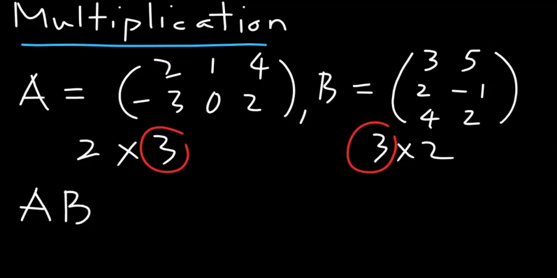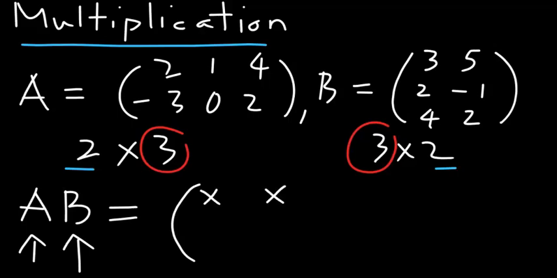We can multiply matrix A with B. The resulting product will have an order of 2 by 2. So the resulting matrix that we obtain by multiplying A and B together, with A being the first matrix and B being the second matrix, is a 2 by 2 matrix. One number here, one number here, one number here, and one number there.